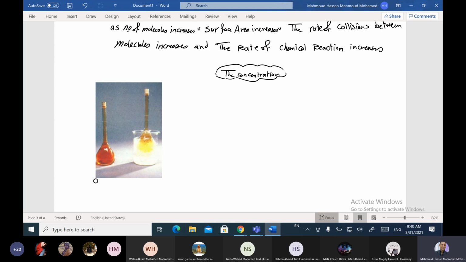Sometimes we will find the molecules do not react, however many they are. So molecularity here is not affecting the concentration, not affecting the rate of the chemical reaction. But if we talk only about the collisions, as the surface area increases, collisions between the molecules increase, and the rate of the chemical reactions increases.